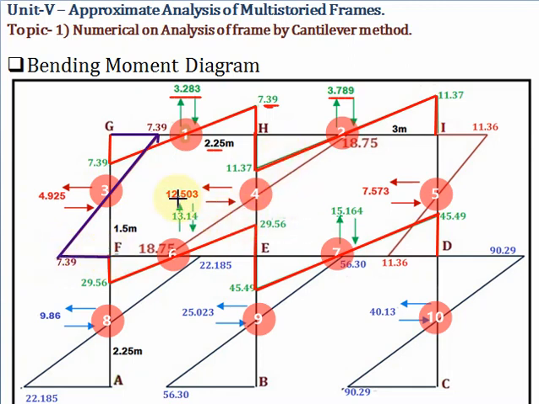Next, node 4. What is the horizontal force? H4, what is that value? 12.503. So 12.503 into the distance, that is 1.5. What is the value? 18.75. Join this by a straight line like this.